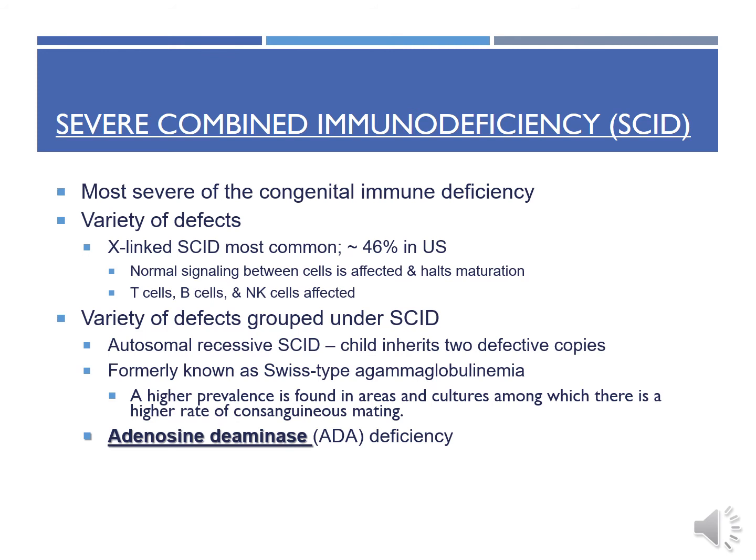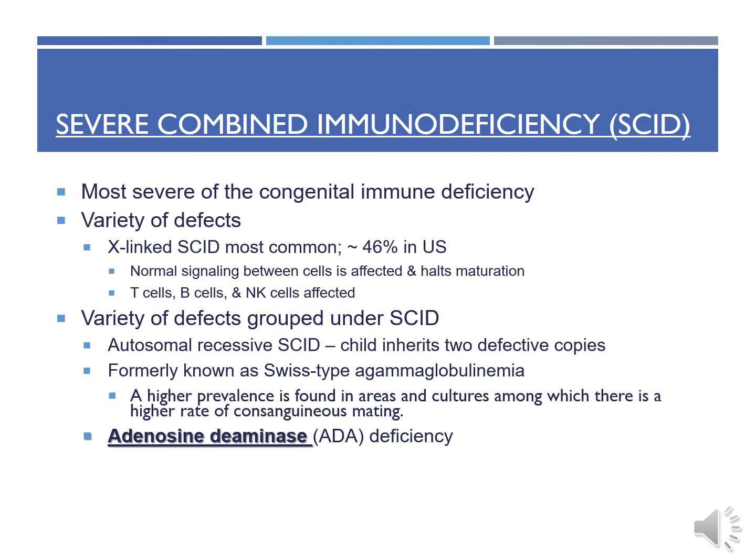Now, there are a variety of other defects that are grouped under SCID, including autosomal recessive SCID, when the child inherits two defective copies, one from each parent.